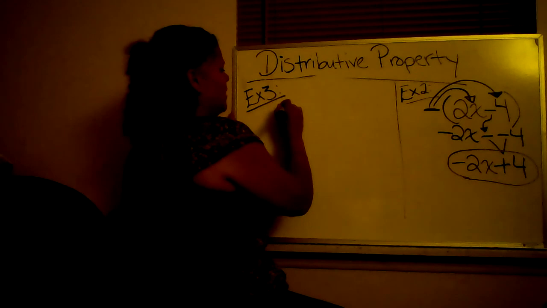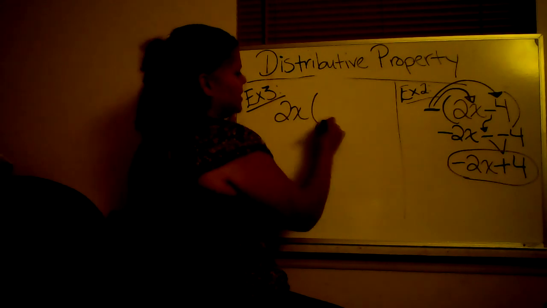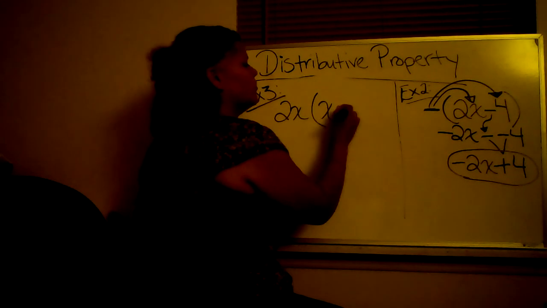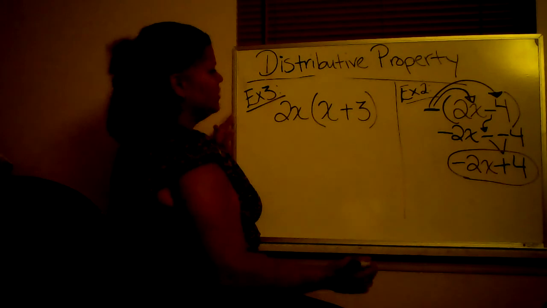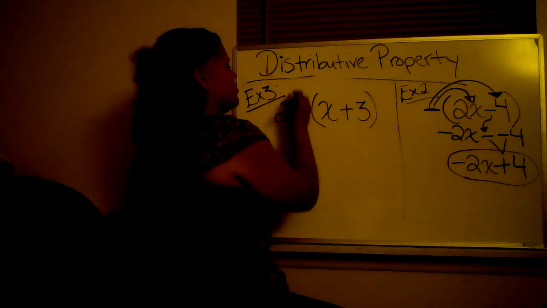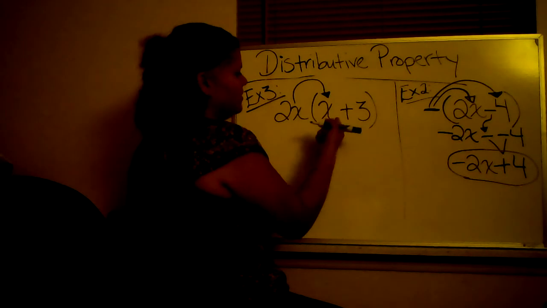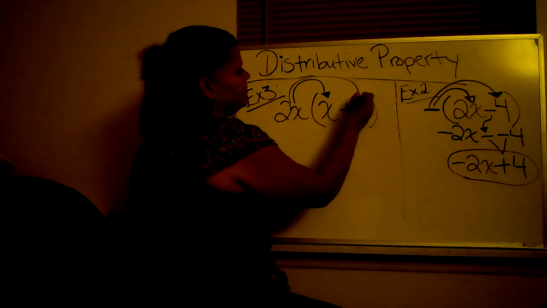So let's say you had 2x outside of parentheses, and then you had x plus 3. Okay? It's the same idea, so you're sharing. So 2x times x, and then 2x times 3.